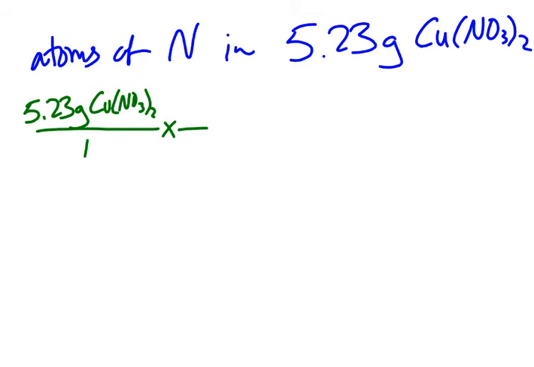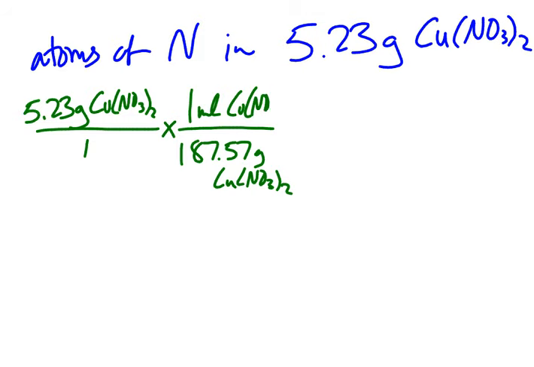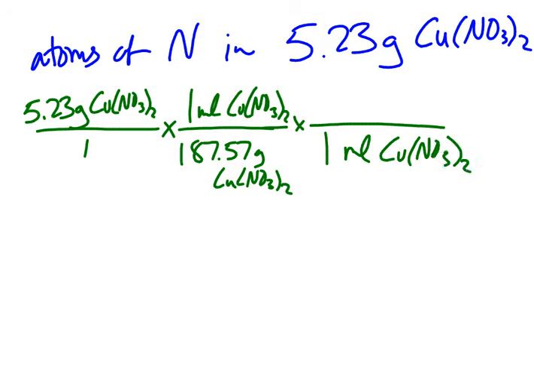And I need to go to moles. That's usually the place to go. If I go to moles, I'm good. So I'm going to go with 187.57 grams of copper 2 nitrate is 1 mole of copper 2 nitrate. And then for every 1 mole of copper 2 nitrate is 6.02 times 10 to the 23rd formula units of copper 2 nitrate.